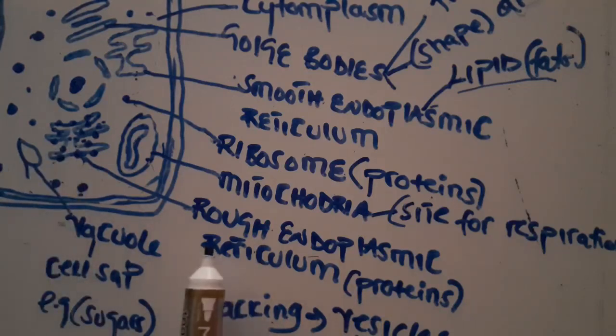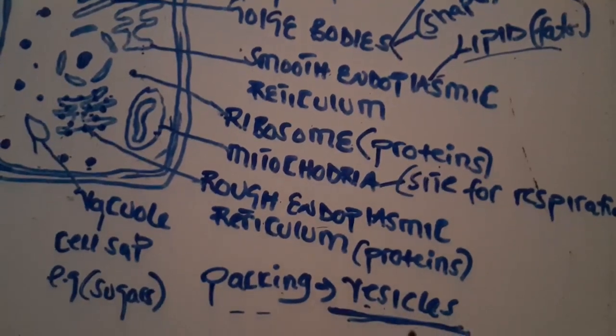Now the function of this rough endoplasmic reticulum is that it packs these proteins into what are called vesicles, and these vesicles act like a transport.